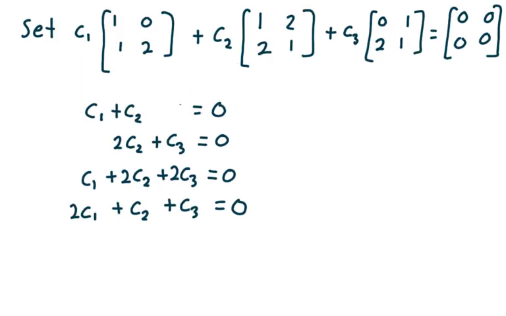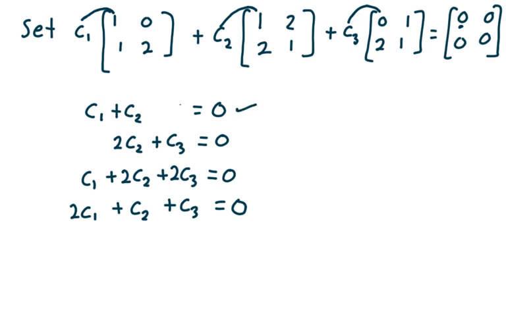So in other words, I'm going to take C1 times the first matrix plus C2 times the second matrix plus C3 times the third matrix, and I'm going to set it equal to the 0 matrix. And that's going to produce a system of equations. Now, I'm equating corresponding entries. So I'm taking C1 times 1 plus C2 times 1 plus C3 times 0, and setting it equal to 0.